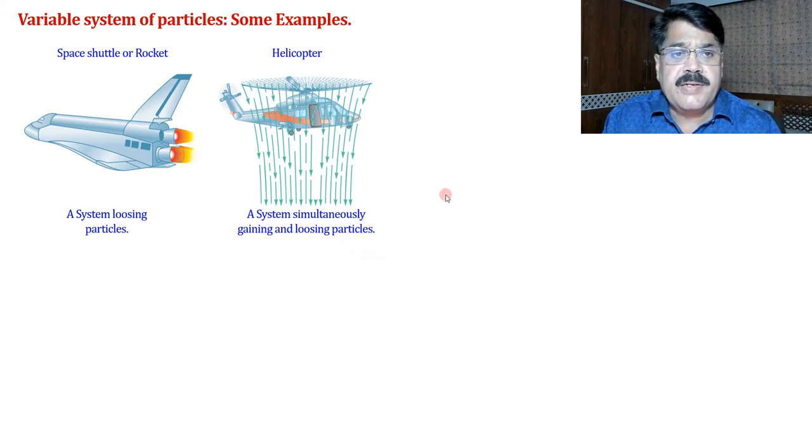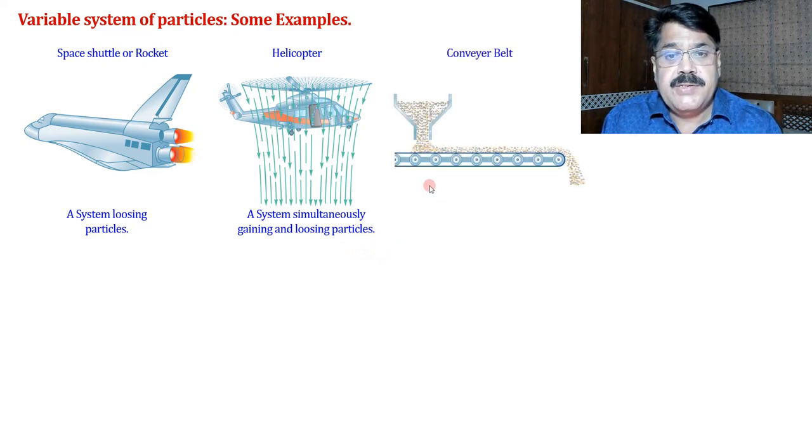Similarly, we can take another example of a conveyor belt. Say it is an industrial conveyor belt. Some sand particles or some ore derived from the mines are being transported from one place to another. So here, from this hopper, these sand particles are falling on the conveyor belt. This conveyor belt collects the sand particles here and leaves them here.